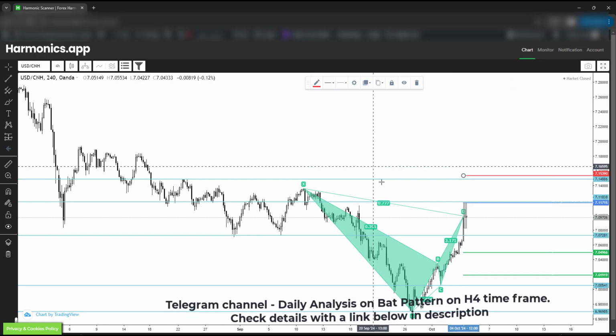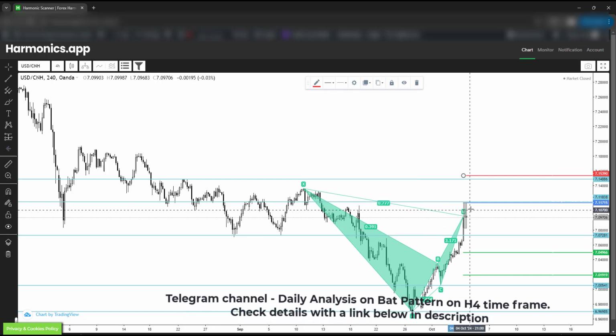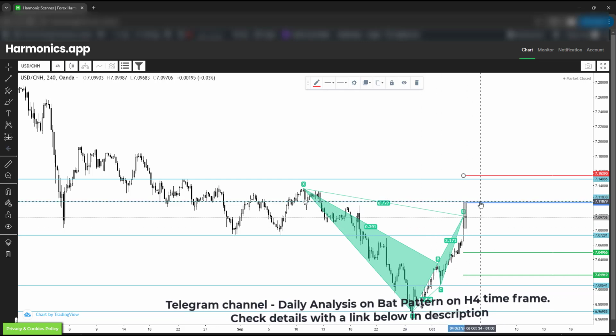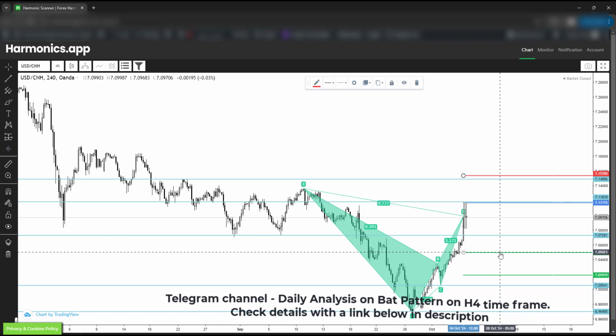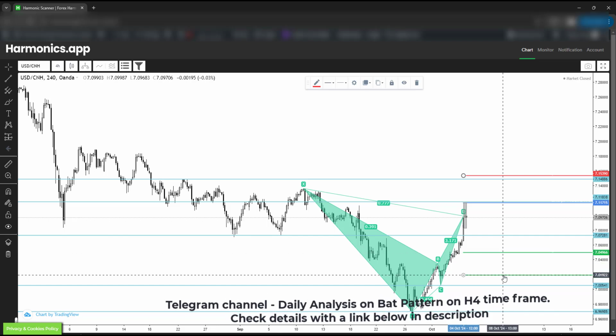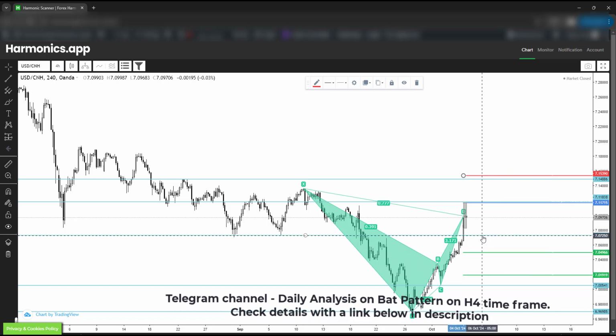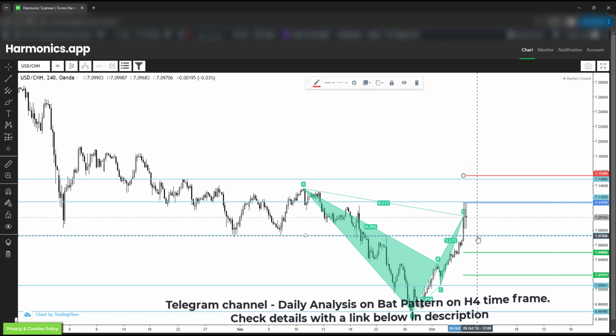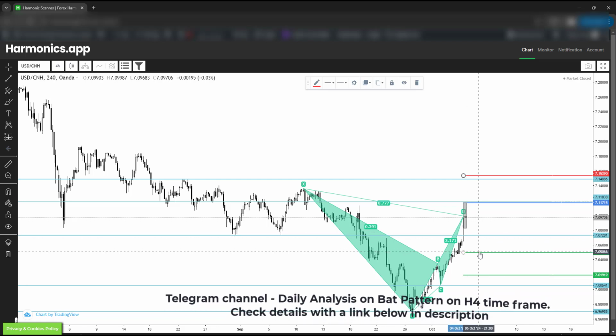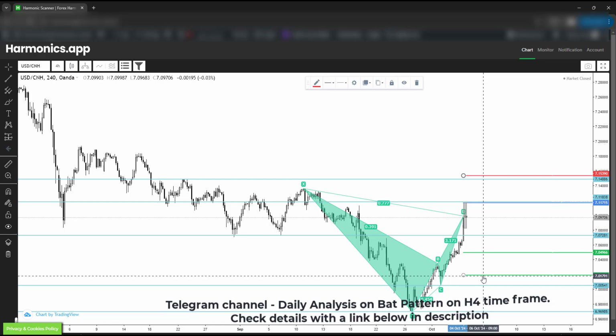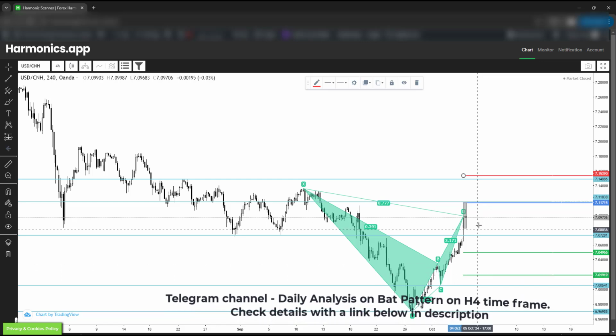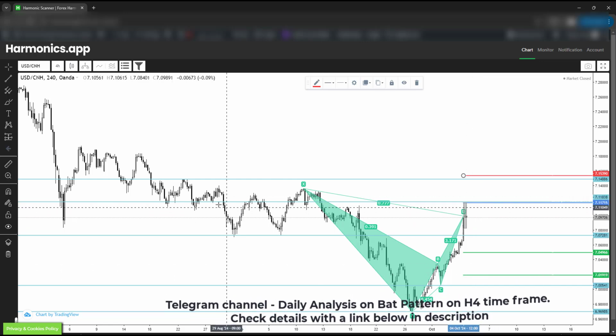But what is expected? The scanner is expecting that the price will bounce from this resistance and go down to the first take profit and the second take profit. The first take profit is just below this support. If the price makes a bearish breakout, it will reach this one for sure, and the second one is probably also possible. So this one is in line with the criteria I have.